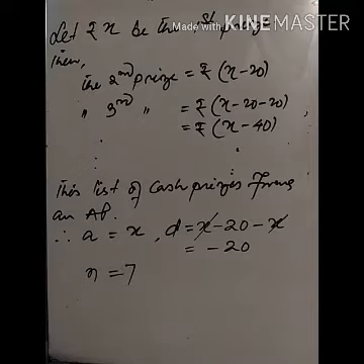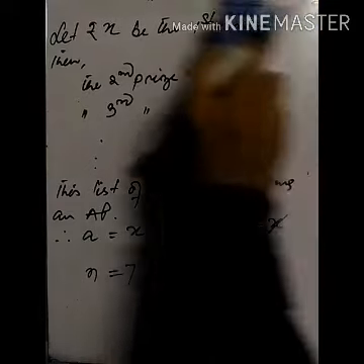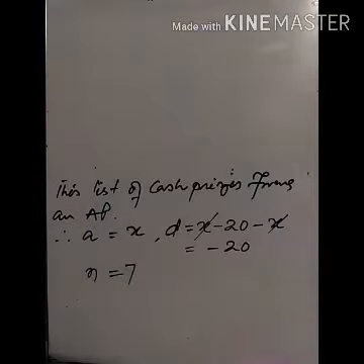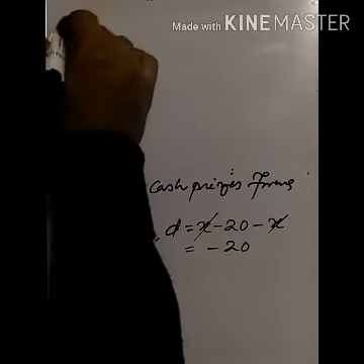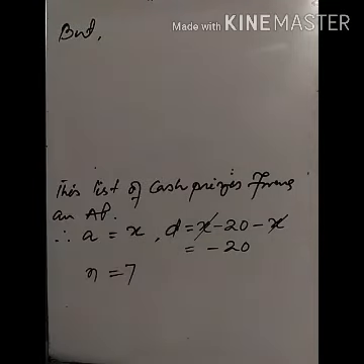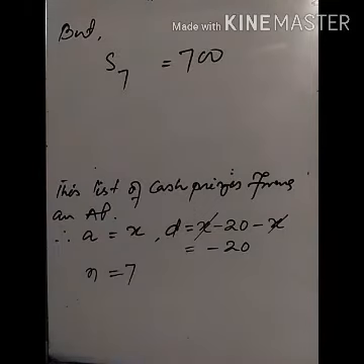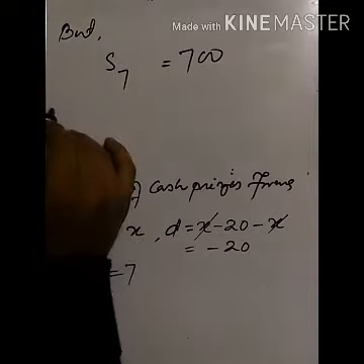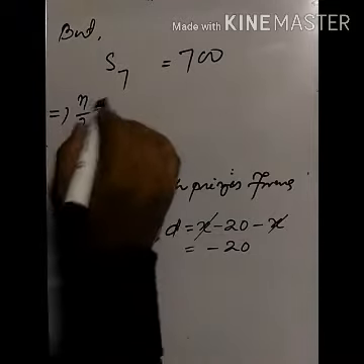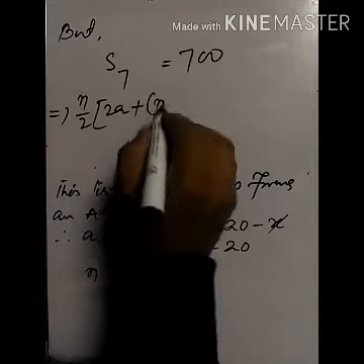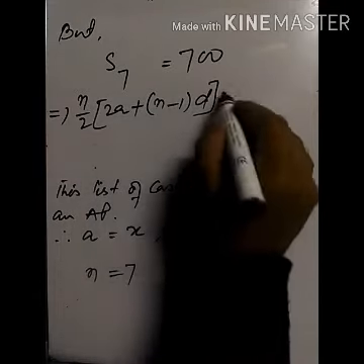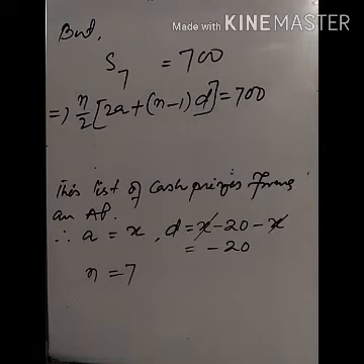Okay, the amount that we have to give as prizes for all these 7 students is 700. That means S7 will be 700. S7 stands for the sum of all these 7 prizes. So what is the formula we have here? N by 2, then twice A plus N minus 1 whole D, equal to 700.